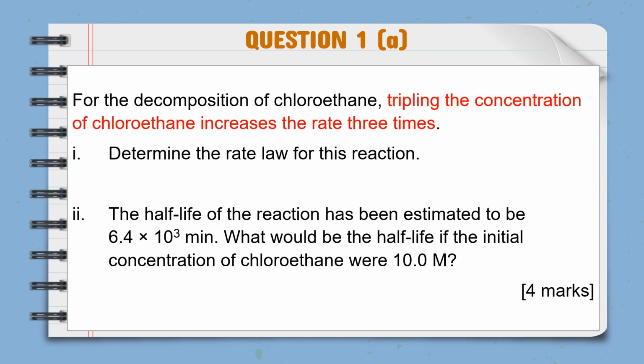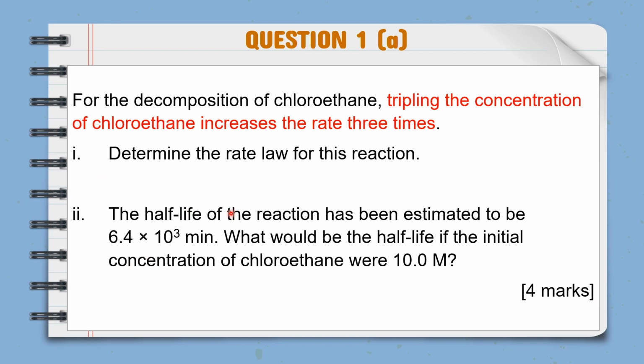Determine the rate law for this reaction. The half-life of the reaction has been estimated to be 6.4 times 10 to the power of 3 minutes. What would be the half-life if the initial concentration of the chloroethane were 10.0 molar? The marks allocated is 4 marks.